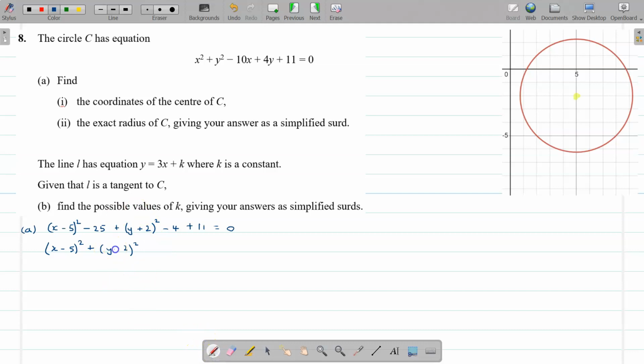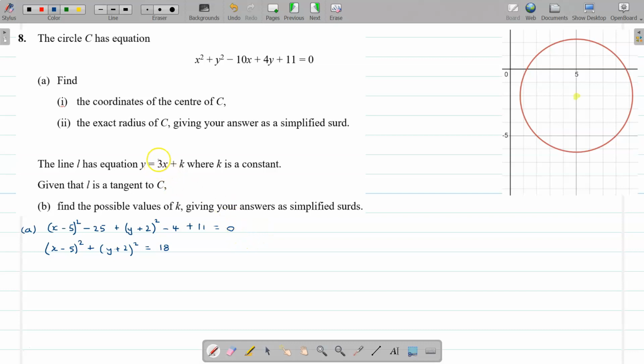And that, if you just move the numbers over, gives you 18. And therefore, as you should know, the center of the circle is 5, minus 2, as you can see anyway looking at this, and the radius is root 18.